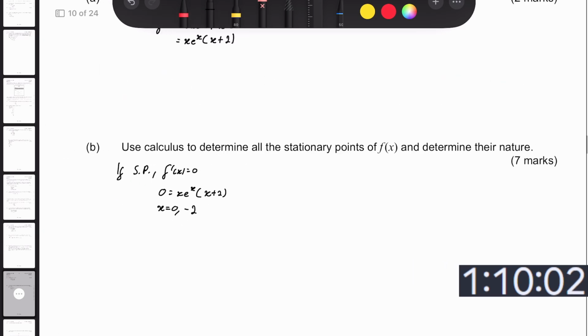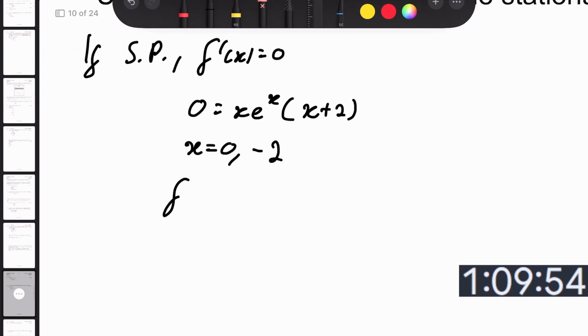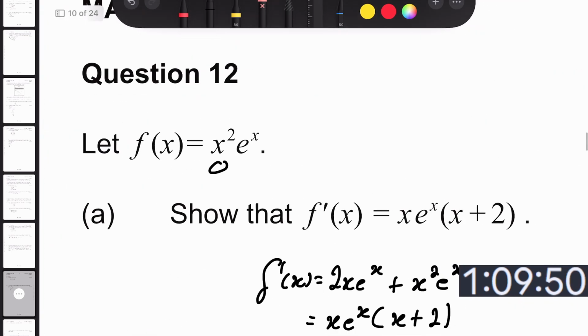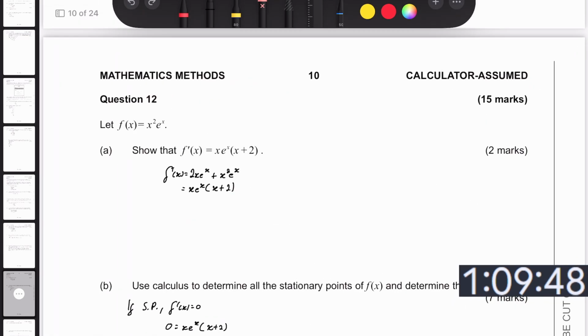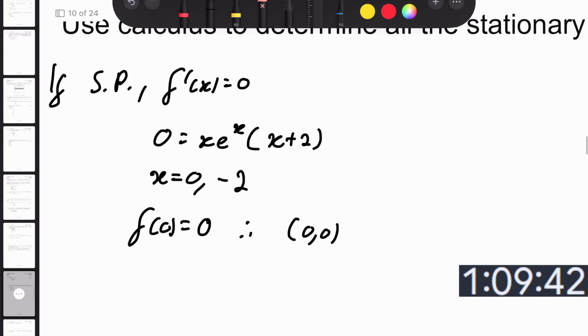I assume it wants the coordinates, so f of 0 is 0 times 1, which is 0, therefore 0, 0.